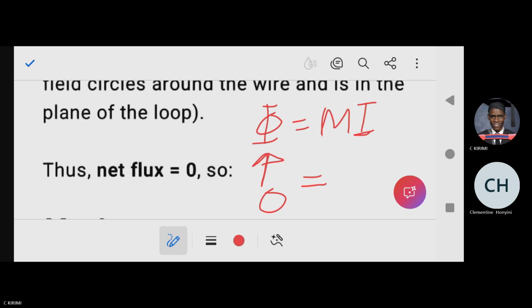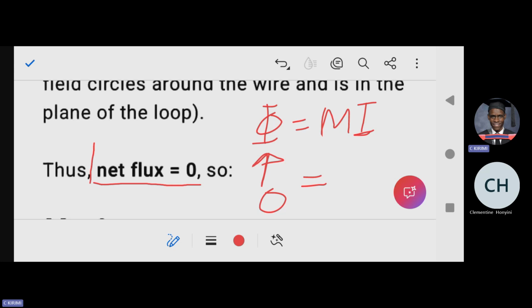So if I give you this equation, flux equals M times I, which one are you going to equate to 0? Is it I or is it M? Already you have been given that the net flux is going to be equal to 0 if it's perpendicular.